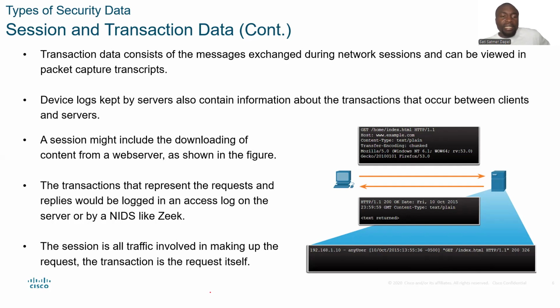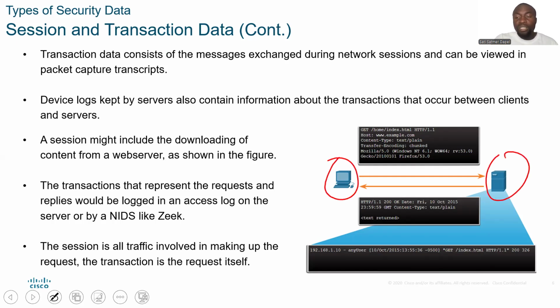A session might include downloading content from a web server, like you can see here. This is the client. It makes a request to this server and is currently downloading. Once it's downloading, the session keeps track of everything that has happened within that session. The transactions that represent the requests and replies would be logged in an access log of the server.